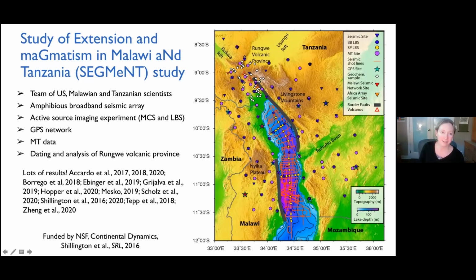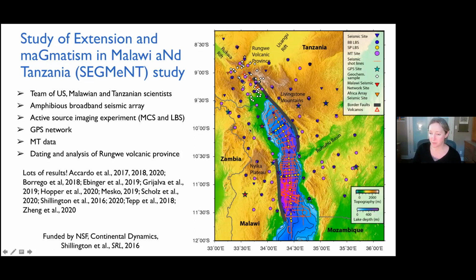And to do that, we're going to use some data from the SEGMENT experiment, which had many different components, which are shown in the map here. Collecting these data and analyzing them has involved a large team of US, African, Malawian, and Tanzanian scientists.